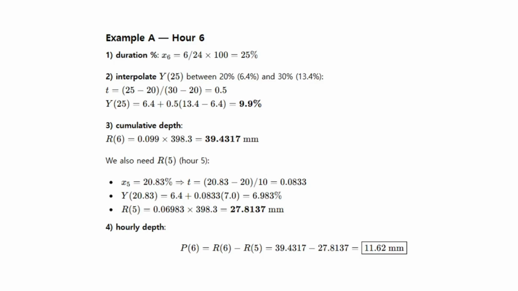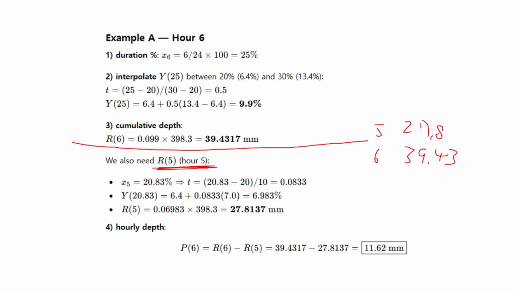Okay, so to get the hourly depth, we also need the value for hour 5. Right now we have 39.4346 for hour 6, and for hour 5 we have 27.81, but these are not hourly depths.